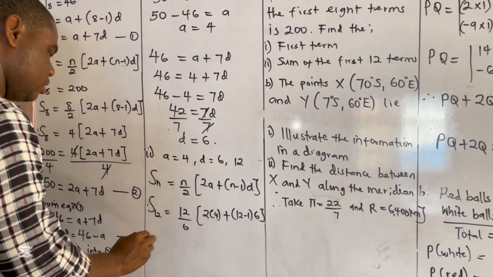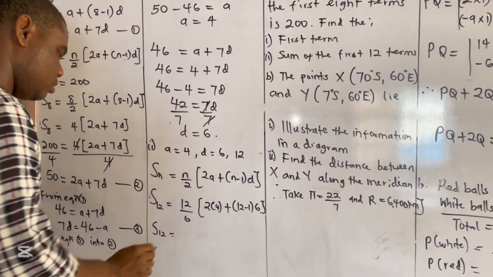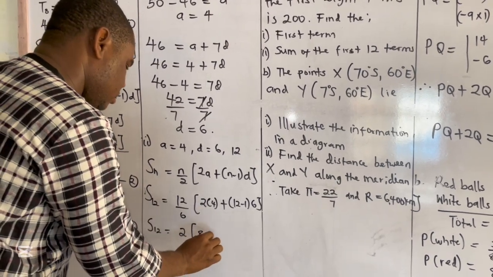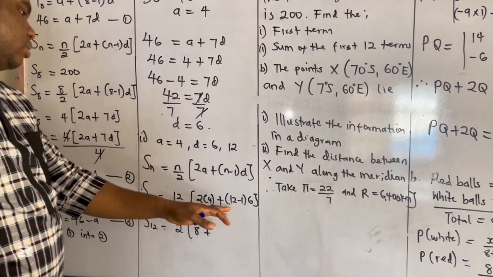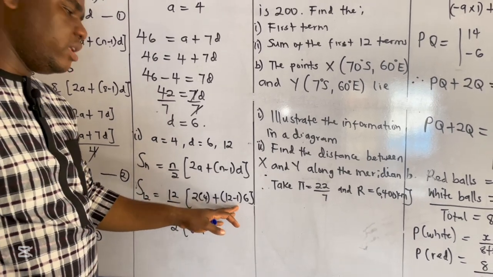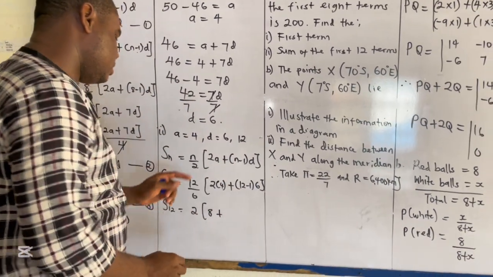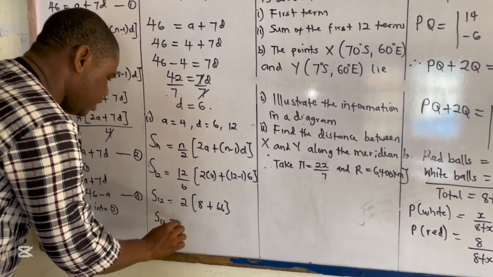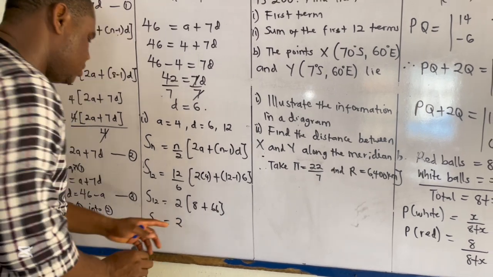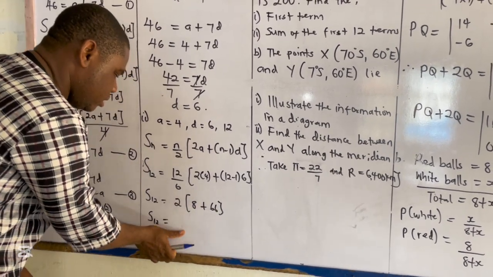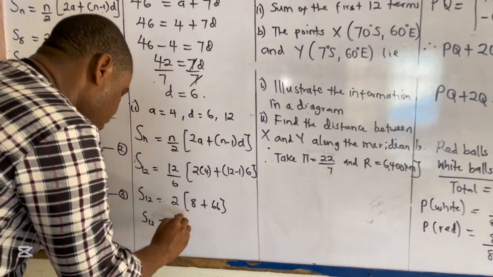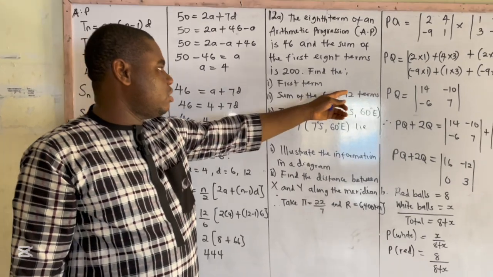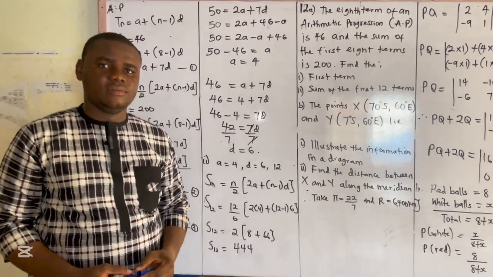So 2 times 4 is 8, 12 minus 1 is 11, 11 times 6 is 66. So if you add this together and multiply by 6, that will give you 444. So the sum of the first 12 terms is 444.